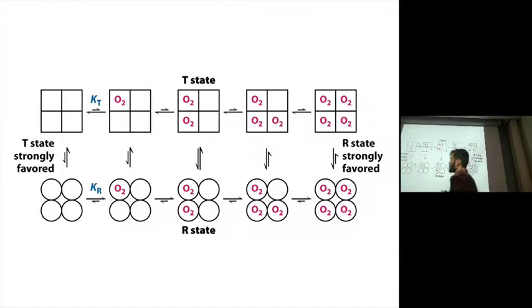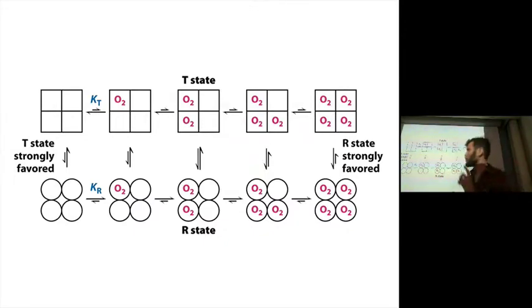It turns out that hemoglobin can actually be in the T state or the R state at any point in saturation. When I started first showing you those GIFs of shifting between the T and the R state, I was associating that with oxy and deoxy, but it's a little bit more complicated than that. It can be in one or the other. These are equilibria between those two states.